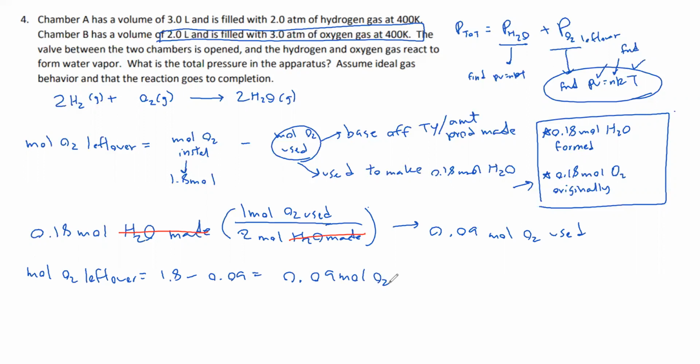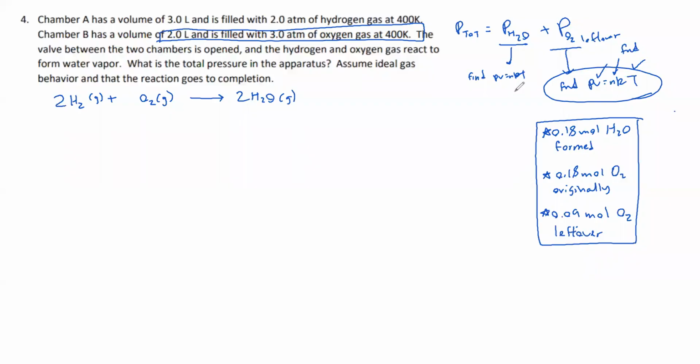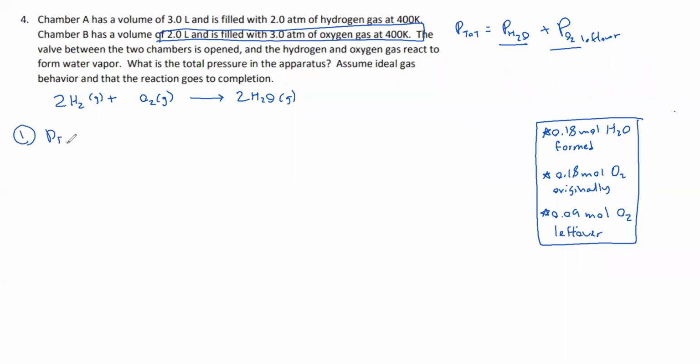Cool. So I'm going to pause again and clear this up. Left over. I'm going to add this number to our important chart. Okay, cool. So we said that we were going to use PV equals nRT to find the pressures of each of these gases, of water and of the oxygen, and then add them up to find P total. So that's one way we're going to do it, by using P total equals the pressure of water plus the pressure of oxygen.